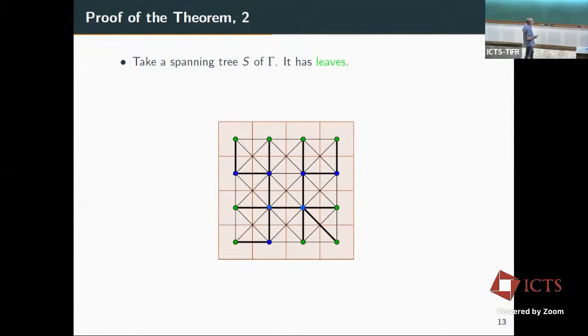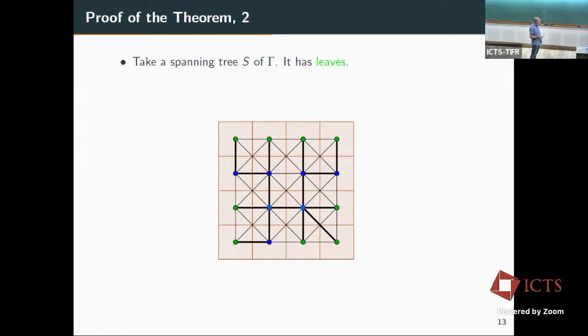Then you take a spanning tree of your graph. The spanning tree means a tree which has all the vertices of the original graph as its vertices, and well, it has to be a tree, okay? You can always do that. And of course it has leaves, those green dots here are the leaves.